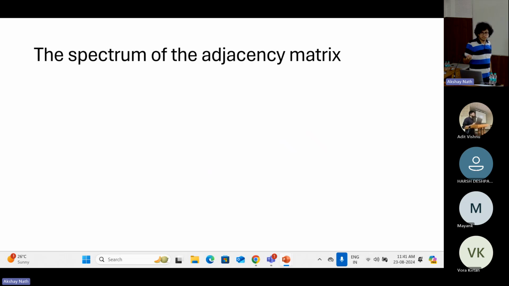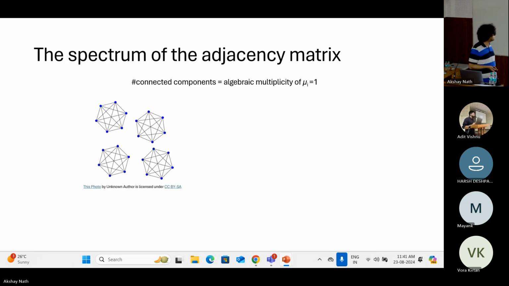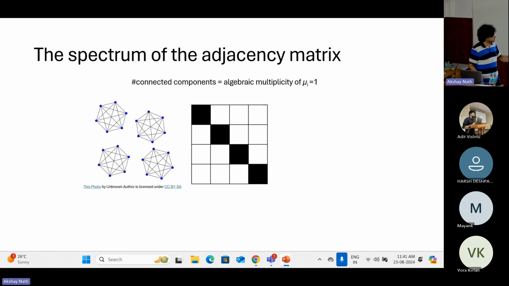So what does the spectrum of the adjacency matrix look like? The number of connected components is the number of times the eigenvalue 1 appears. So if your graph is a disjoint union of so many cliques, like this, you'll have 4 ones. Now let me add a little bit of noise on top.